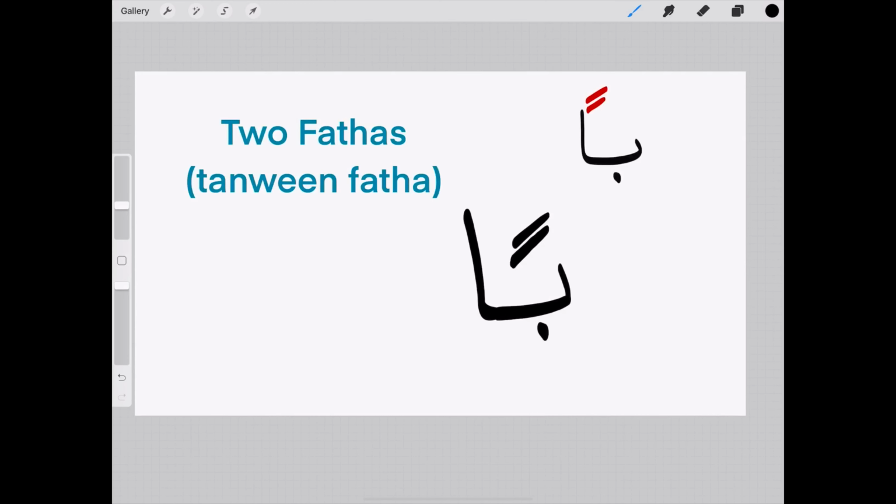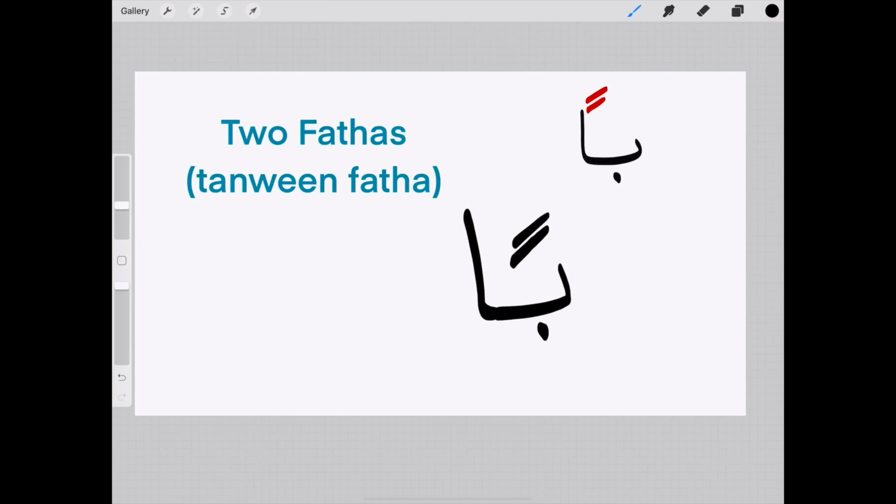The tanweens are unique in that they could only take place at the end of a word. This is important to remember. The tanween can only take place at the end of the word. And the reason why it is called tanween, because the 2 short vowels are nearby each other. One of them functions as a short vowel. The second one is converted to the N letter.